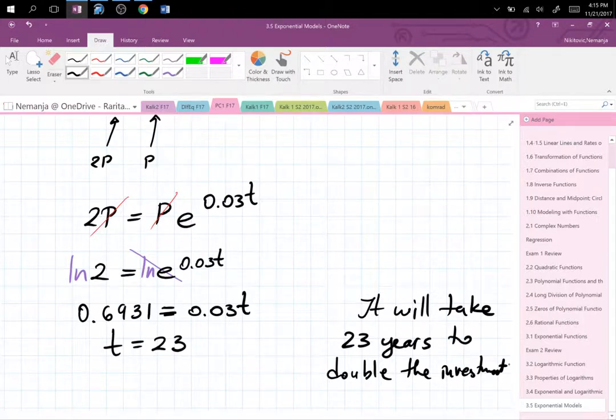Now, what's the investment? How much did you invest? The question is, actually, does it matter how much we invested? Look at the calculation. What happened with P? It canceled. When that happens in mathematics, it means it doesn't matter.